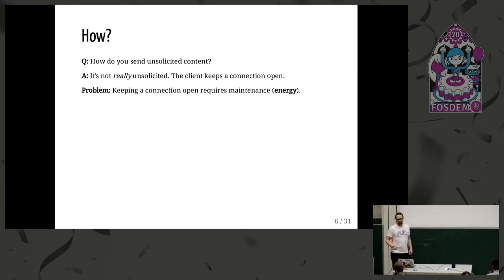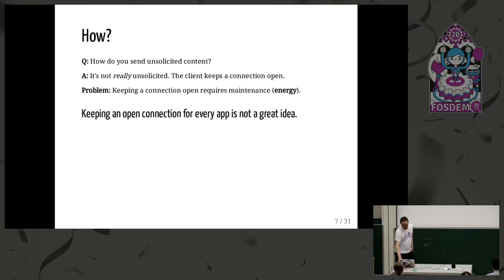And that means battery power on mobile. Even more so under varying network conditions, flaky Wi-Fi, flaky GSM network. So that means, in turn, that keeping one connection open for every app on your phone that wants to receive push notifications to every one of their different web services, well, that works, but it's going to drain your battery really, really fast.